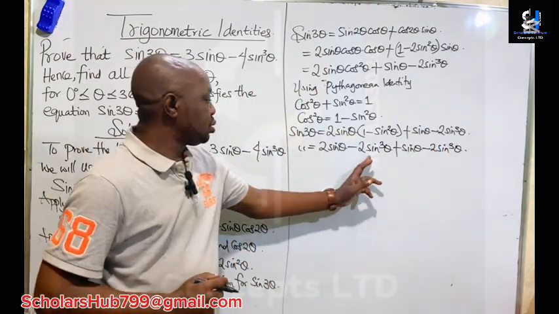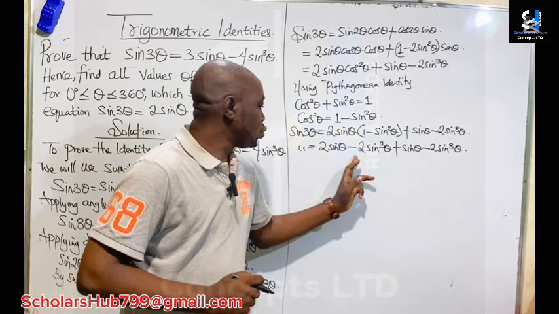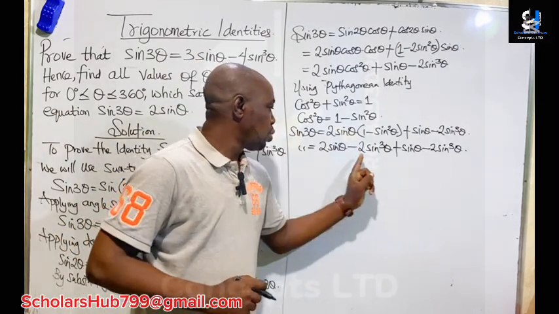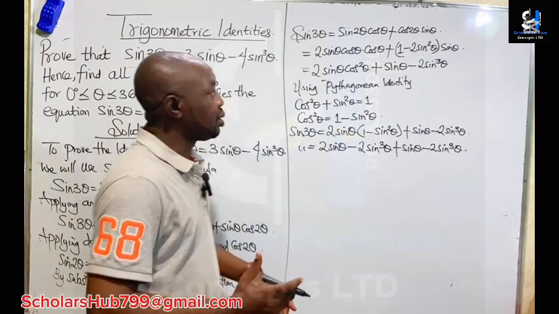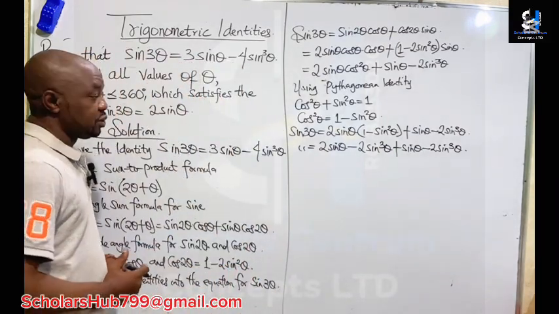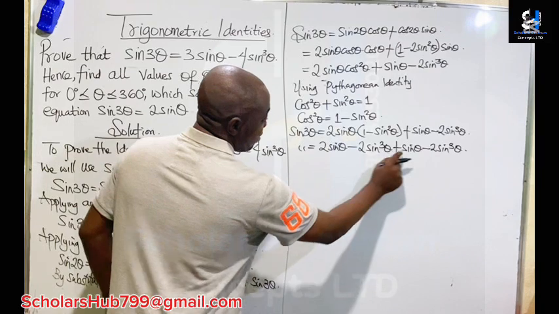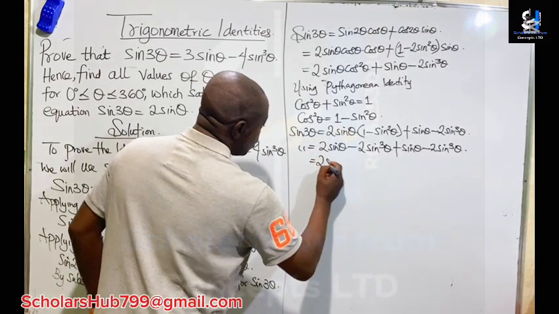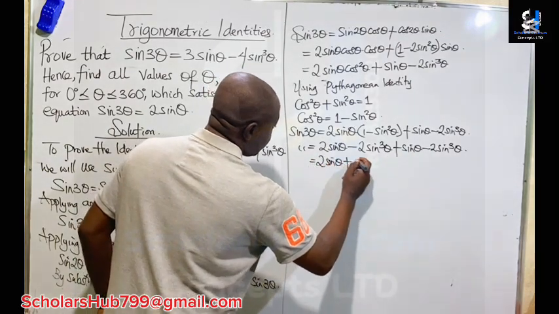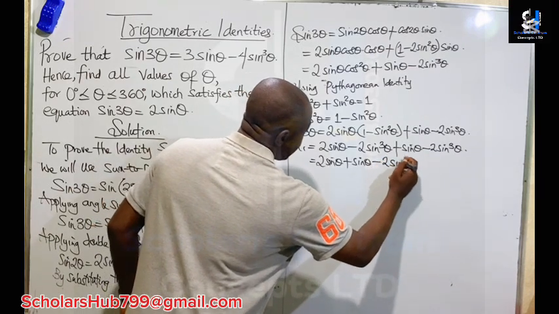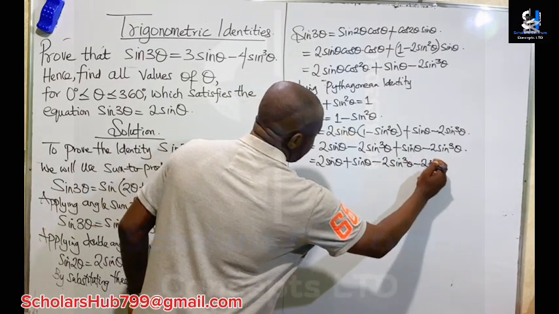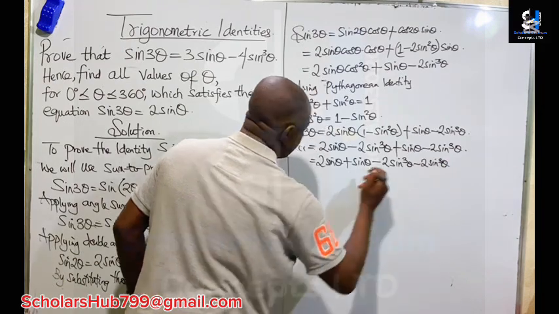Now when we combine these two, minus 2 sine cube theta minus 2 sine cube theta, that becomes negative 4 sine cube theta. Then 2 sine theta plus sine theta.